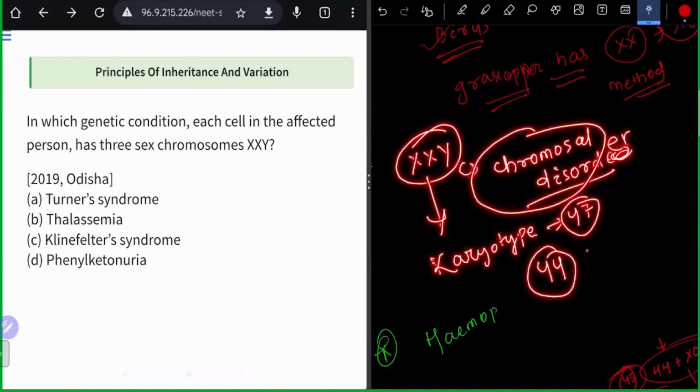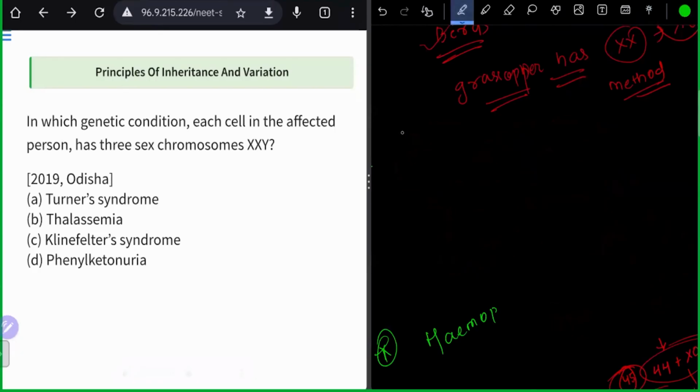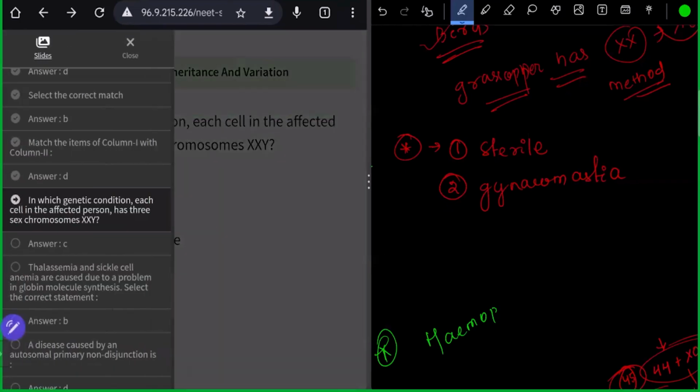With 44 autosomes, you will find XXY. That means the male has an extra X chromosome. Okay. So what is the main characteristic feature I have told you? First, the male will be sterile. Second, it has gynecomastia. That means the male will develop breast. Okay, so the answer will be option C, Klinefelter syndrome.